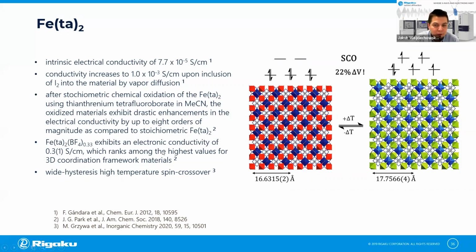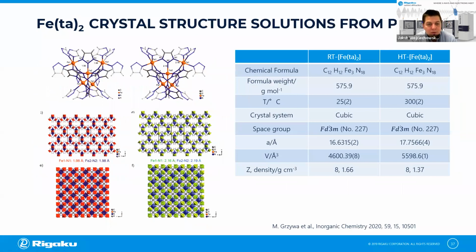And it is interesting because it's a spin crossover transition, changing the material's properties. So it is quite well known and studied material, but for good reasons there are no single crystal solutions available for those crystals, because they are extremely small and weakly diffracting.